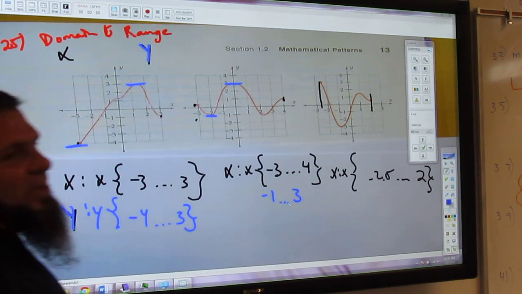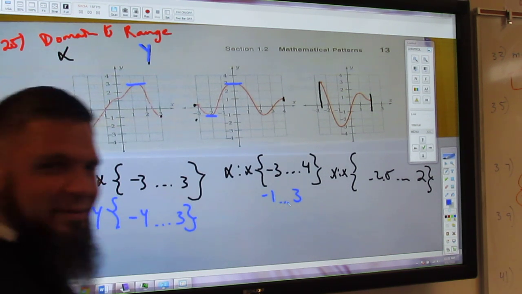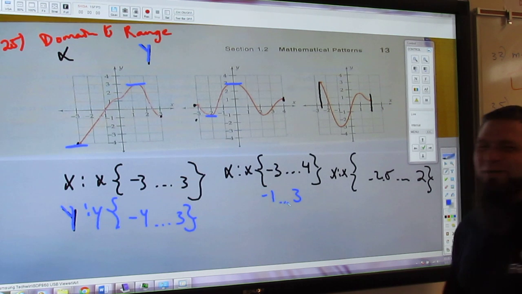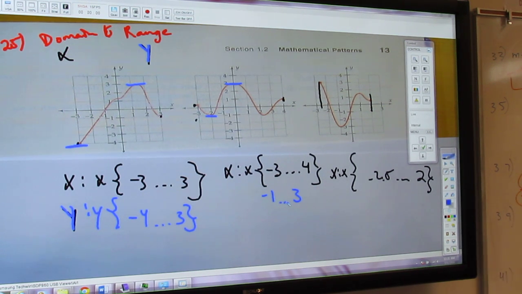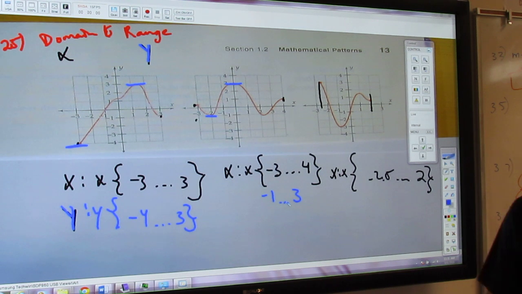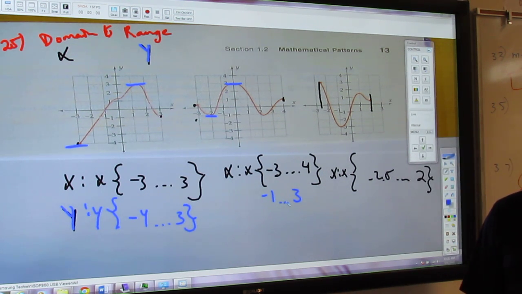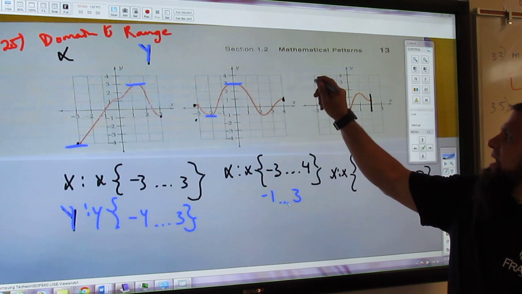And what's the last one? Norman, since you've been so quiet. What's the lowest and the highest point of this last one? Perfect. 3 is the highest.